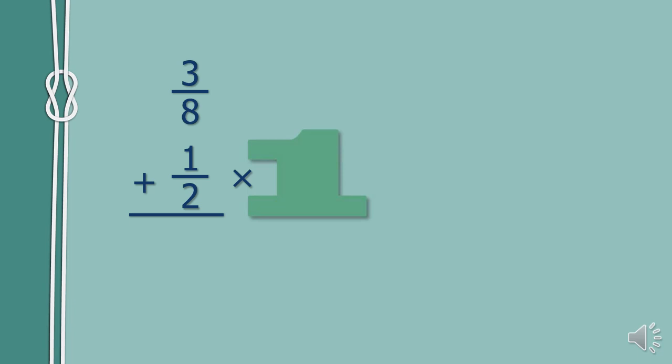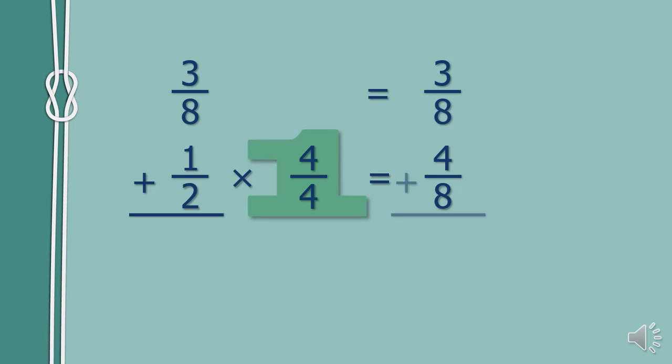We can do that by multiplying by a name for 1. In this case, we're going to multiply the fraction 1/2 by a name for 1, 4/4, which will give us 4/8. And now we can add 3/8 and 4/8 because they are like fractions. 3/8 plus 4/8 is equal to 7/8.